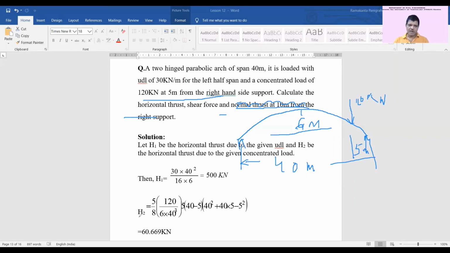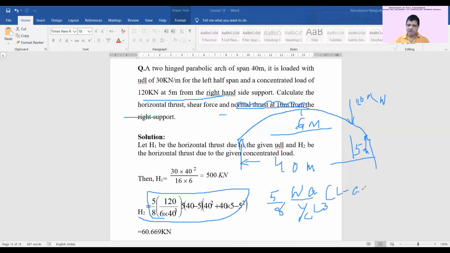For the concentrated load, you have already discussed this formula, and I don't want to go into detailed calculations again. You know directly 5/8 W a by Yc L cubed, multiplied by L minus a into L square plus aL minus a square. So you can put all the values for the concentrated load.